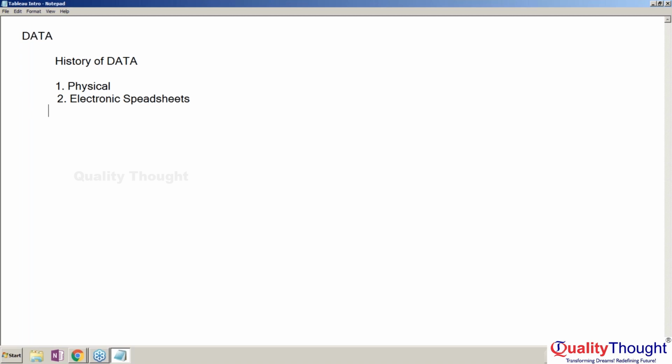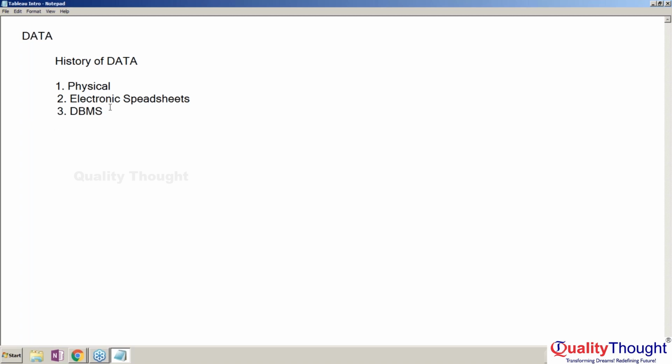And thereon, we understood that it is not much progressive, and also it is not much efficient. Hence, we went ahead with the DBMS technology.